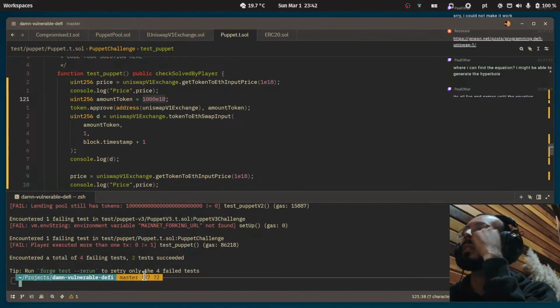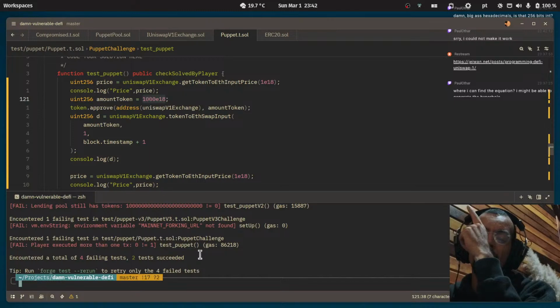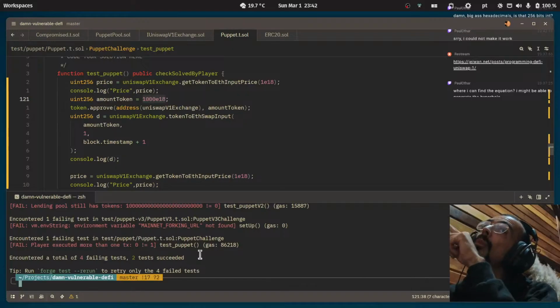It's strange they say that's a hyperbola when... I don't remember how to put the line. That is what? That's X. That should be the price changing, right? Damn, big ass X. Yes, exactly.